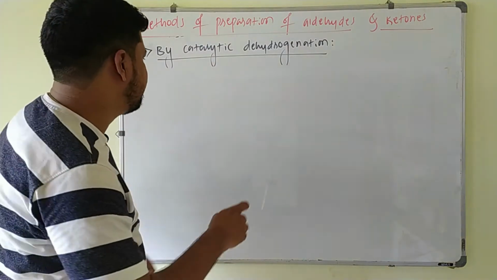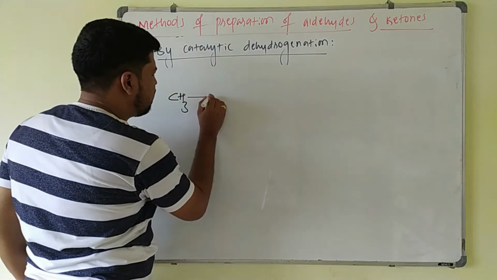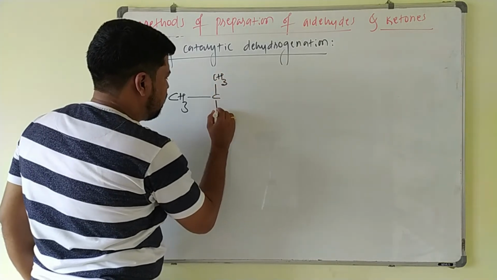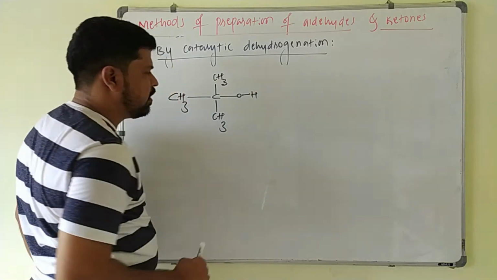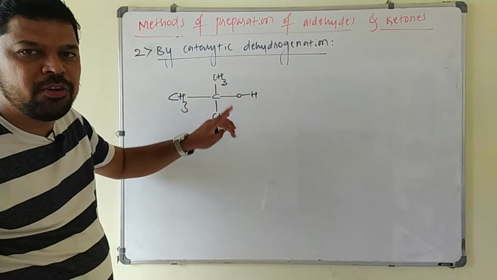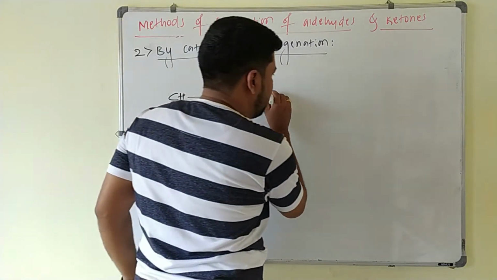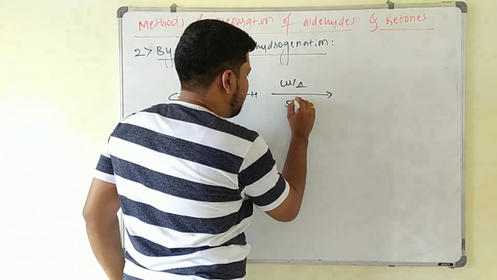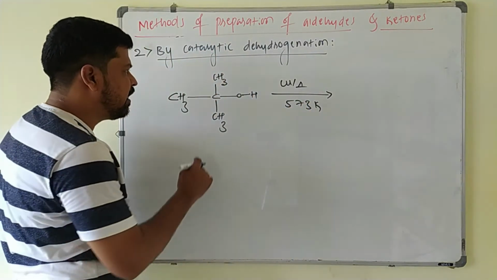Suppose I take a tertiary alcohol, and tertiary alcohols are passed over heated copper. First, observe that this tertiary alcohol does not contain oxidizable hydrogen. Whenever these tertiary alcohol vapors are passed over heated copper at 573 Kelvin, they will not undergo dehydrogenation, they will undergo what? Dehydration.